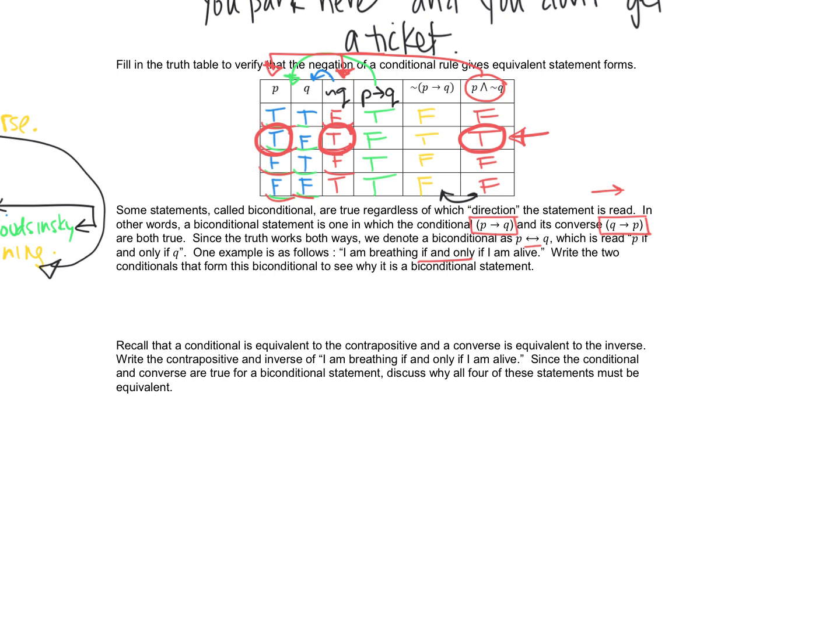So the two conditionals represented there are: if I am breathing, then I am alive. And going the other way, if I am alive, then I am breathing. Those two conditionals combined are what we're really looking at for that biconditional.